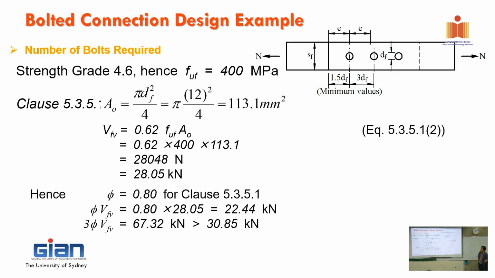With a bolt in shear, of course you're using the diameter of the bolt, because that's looking at the bolt capacity. You can see that calculated based on bolt in shear, the capacity is 67, a lot greater than what we calculated before.